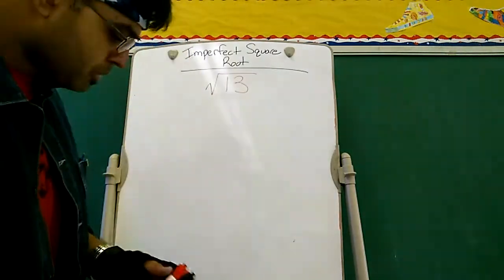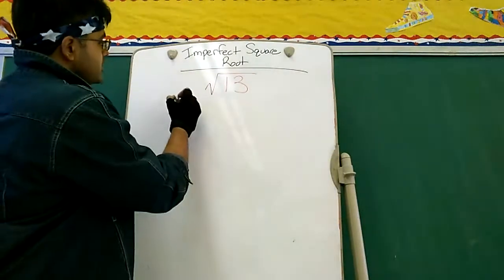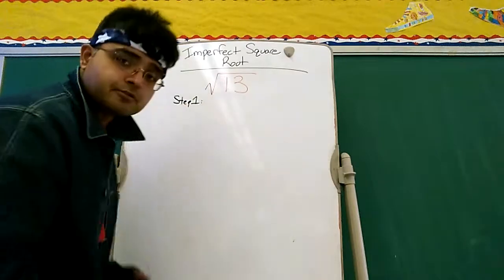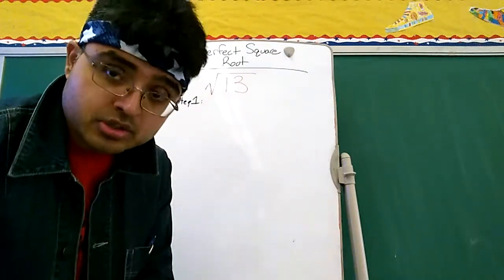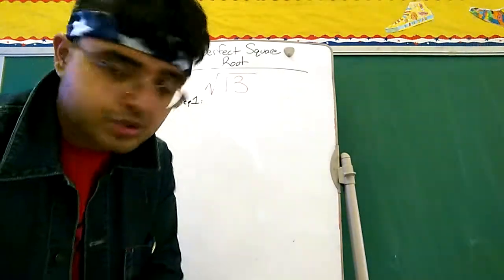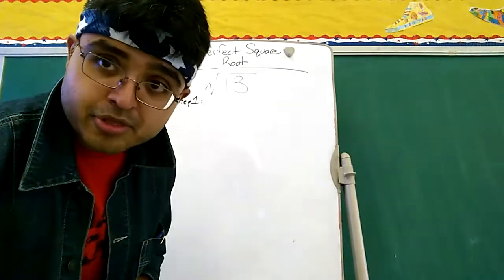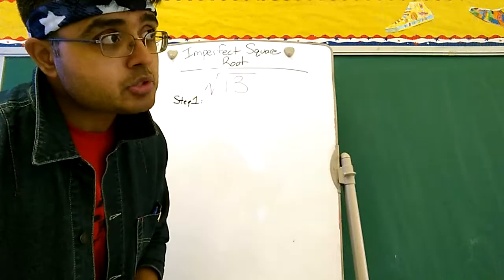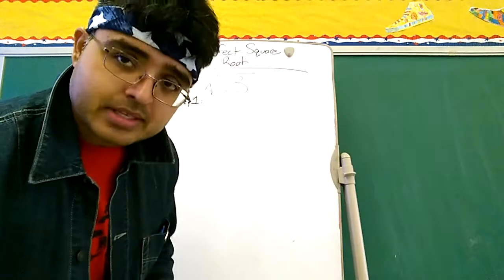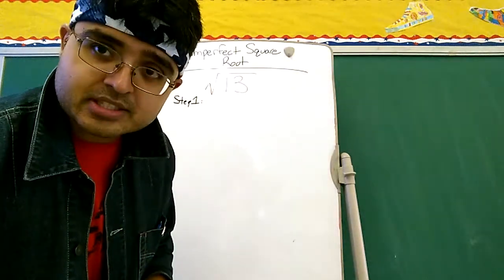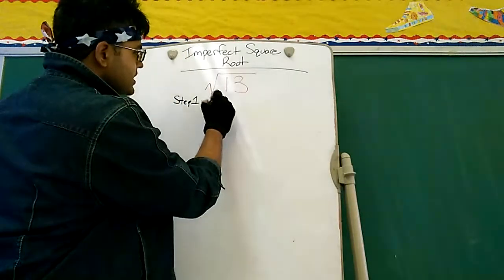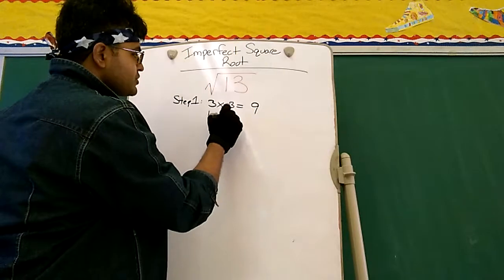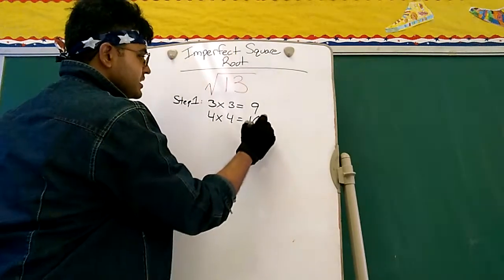Let me show you step number 1. Step 1. We've got to find out what's the closest perfect square root to the number 13. So we do 1 times 1, which is 1. 2 times 2 is 4. 3 times 3 is 9. 4 times 4 is 16.